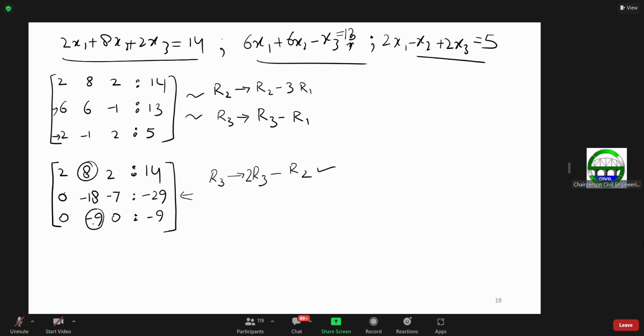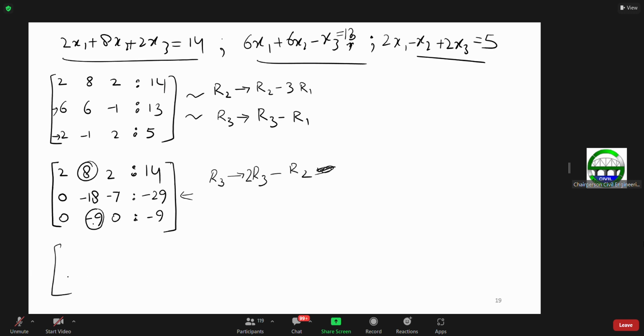No, but then it will become this one. So let's just apply this rule, only one of these, and then we can interchange it later.